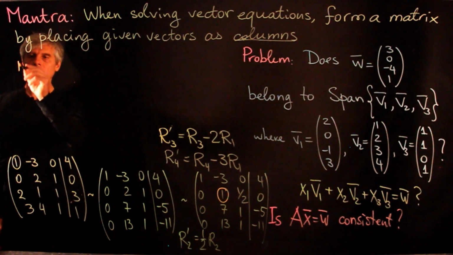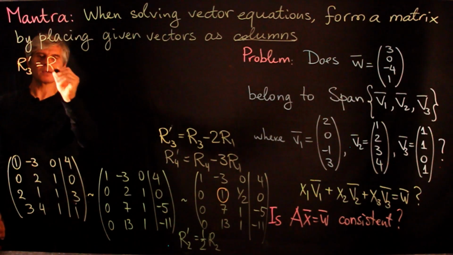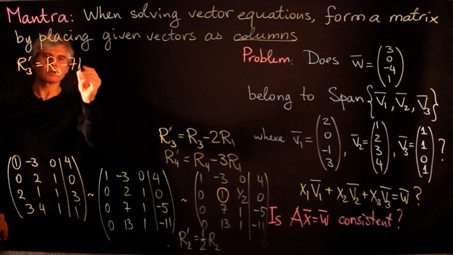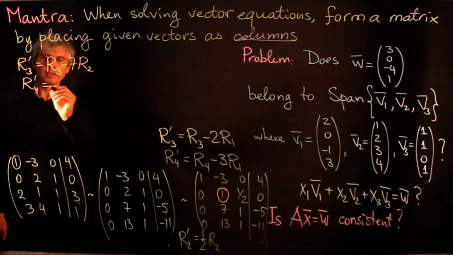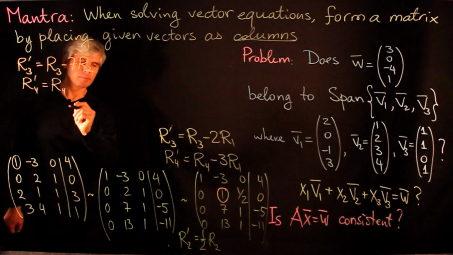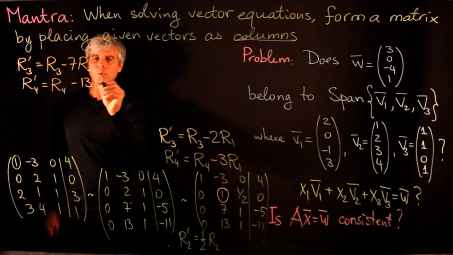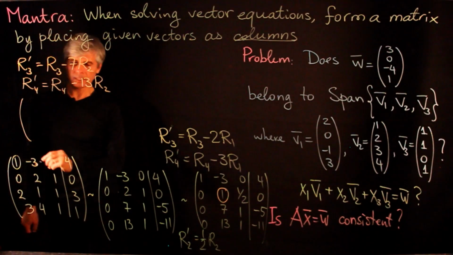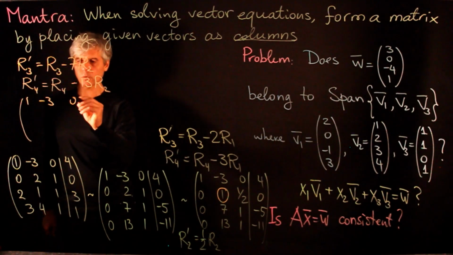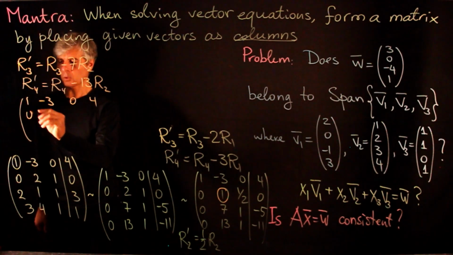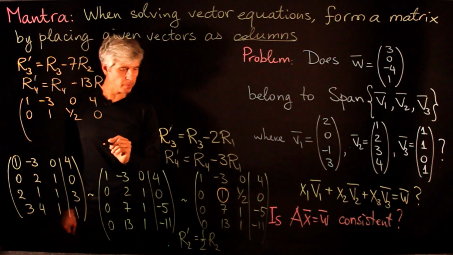So we say row 3 new is row 3 minus 7 row 2, and row 4 new is row 4 minus 13 row 2. So this gives us the matrix 1, -3, 0, 4, 0, 1, 1/2, 0.